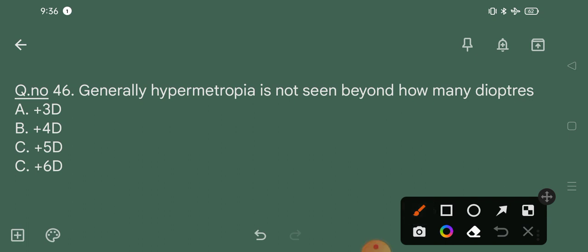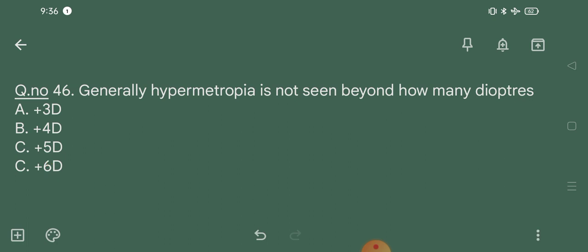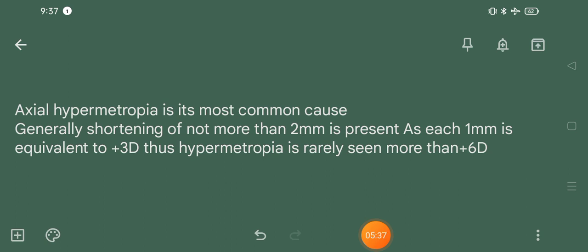So the correct option is option D, that is plus 6 diopters. Axial hypermetropia is its most common cause. Generally, shortening of not more than 2 mm is present, as each 1 mm is equivalent to plus 3 diopters. Thus, hypermetropia is rarely seen more than plus 6 diopters.